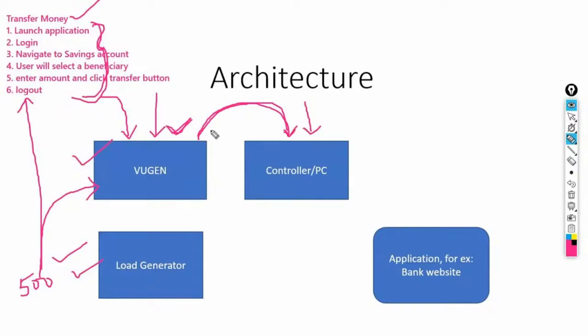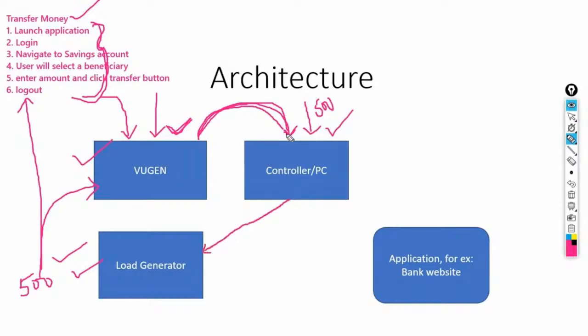So let's say I uploaded this transfer money script here, and I configured this script to run with 500 users. Then when you click on run or start execution, this component will transfer the script, all the users and some dependency files to this machine.